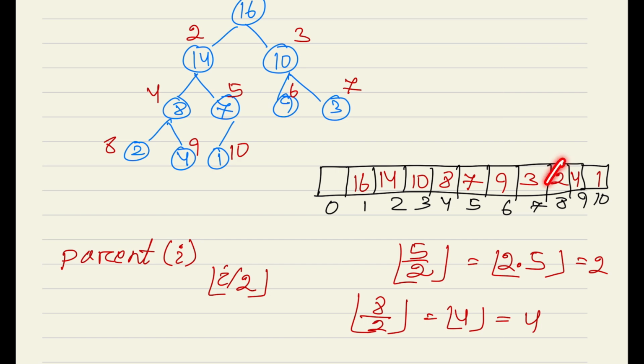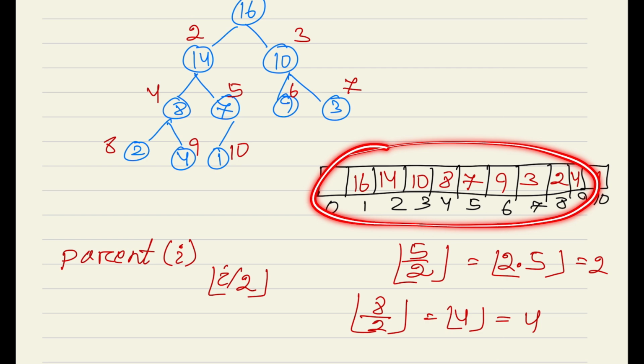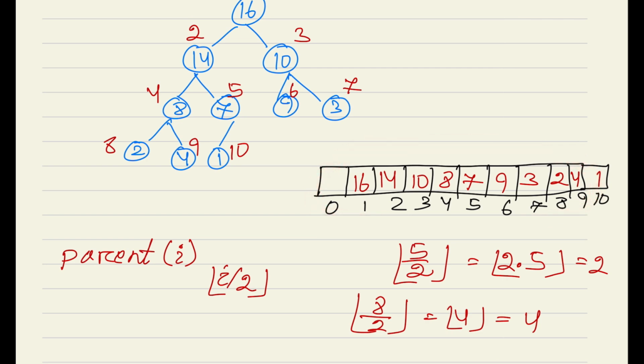The parent of this 2, which is at index 8, is the node at index 4. Which one is at index 4? 8. So the parent of node 2 is 8. So from the array index we can calculate the parent of any node.